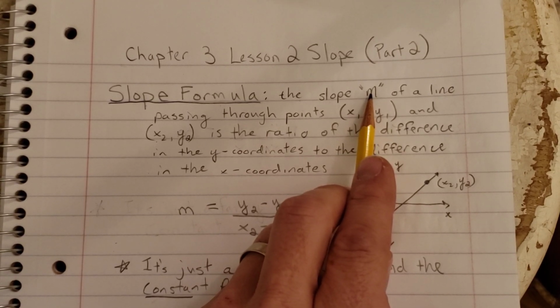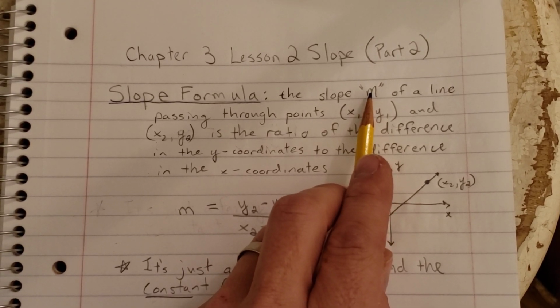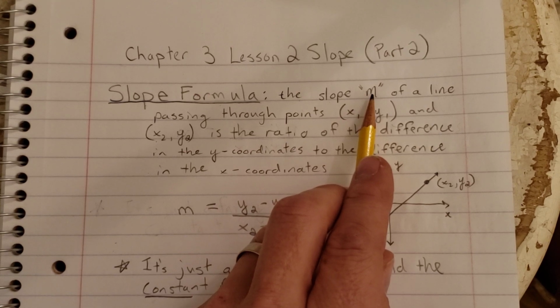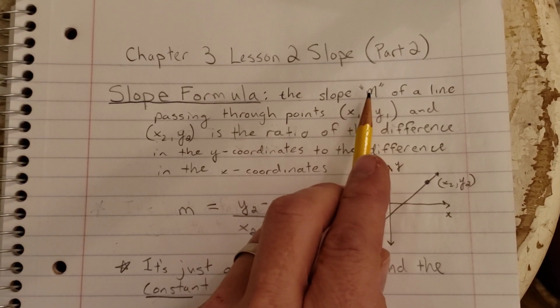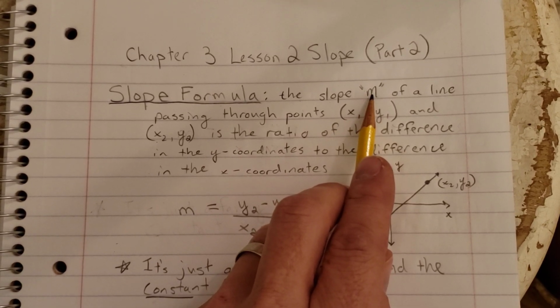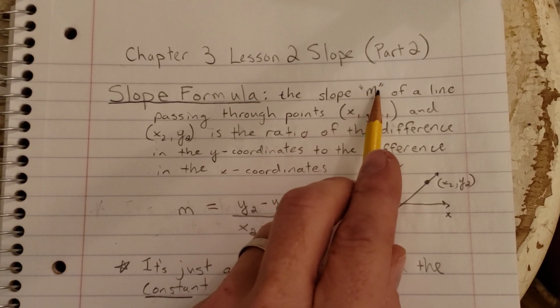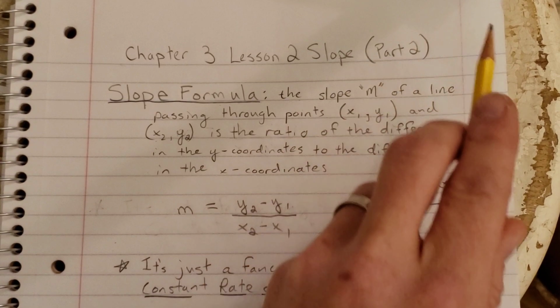I think one of the things I heard was that it's from a French word for climb, monter, like mountain. And slope is like a mountain, the steepness of something.